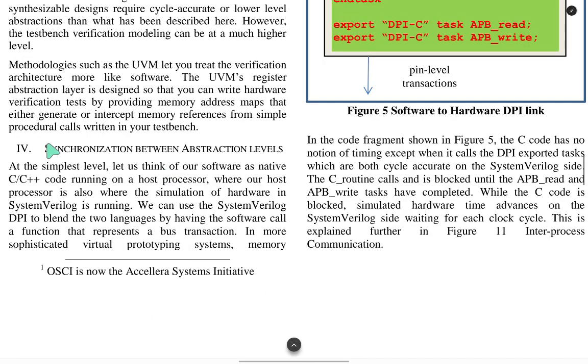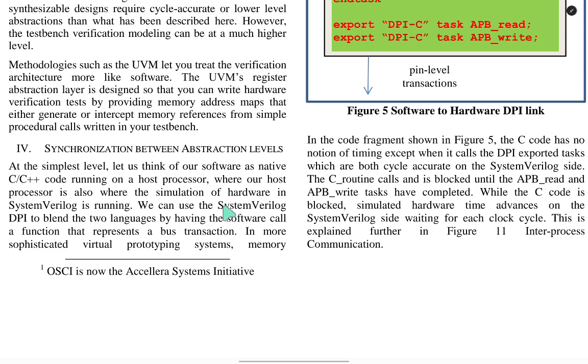Chapter 4 is synchronization between abstraction levels. At the simplest level, let us think of our software as native C or C++ code running on the host processor, where our host processor is also where the simulation of hardware in SystemVerilog is running.